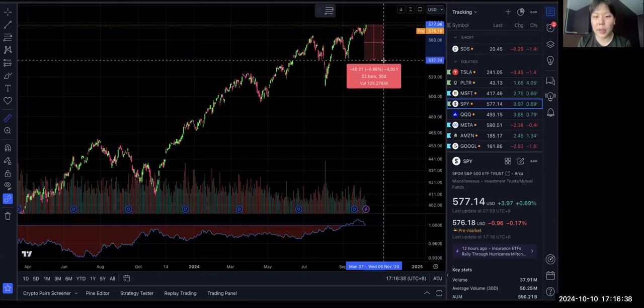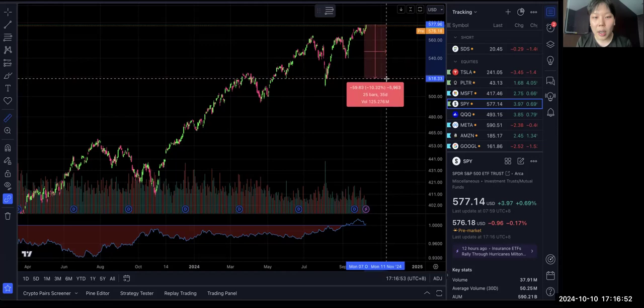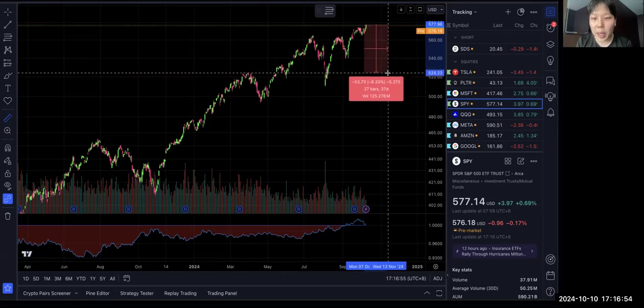And also you can consider the $538 range. That would be the next level that I would consider dollar cost averaging in. And of course, after that, we have the other level at $524, and that would signify a 9.3% drop.